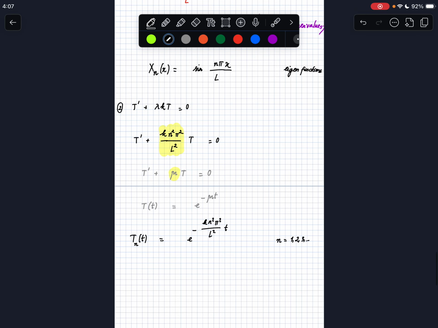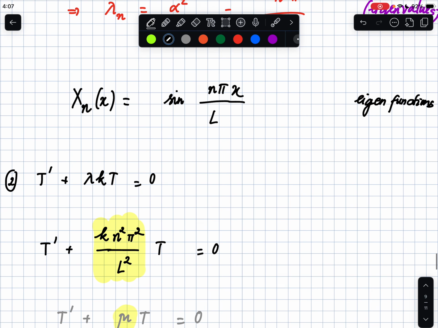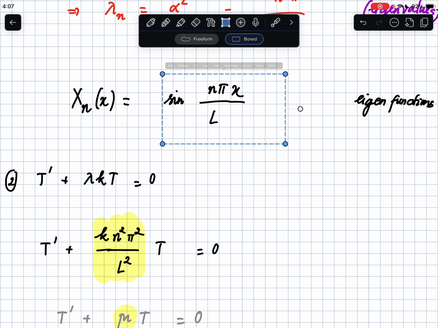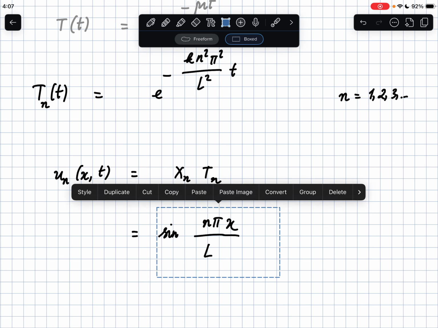We have Xn, we have Tn, we multiply them together. We have one building block un. Un of x, t is Xn times Tn, where Xn is sine of n pi x over L, times Tn.